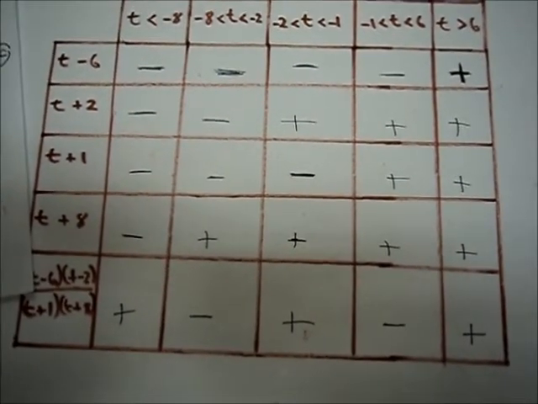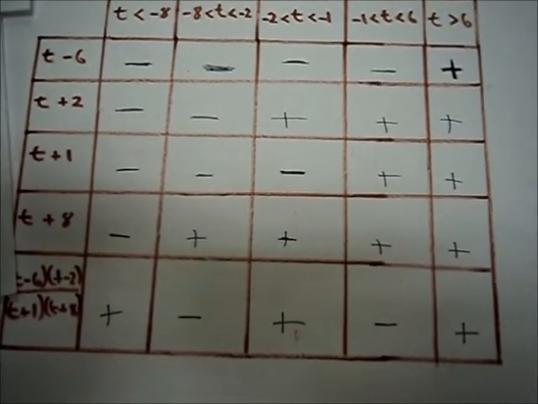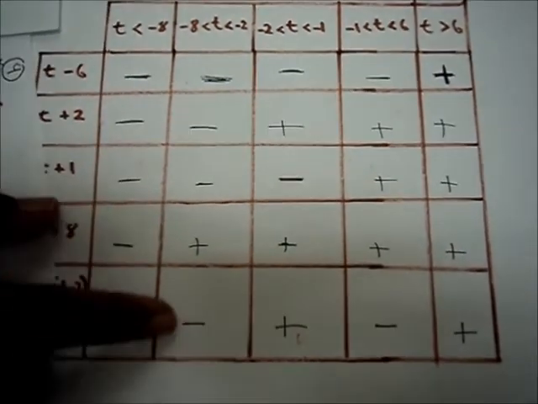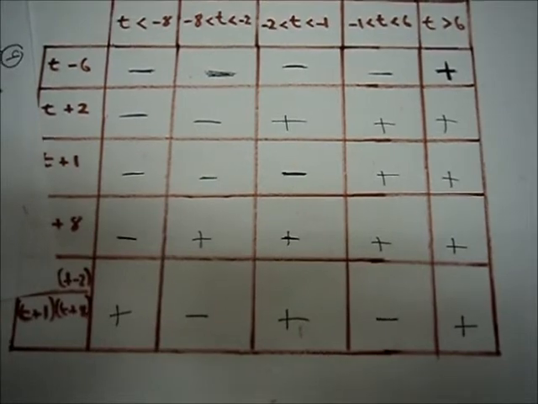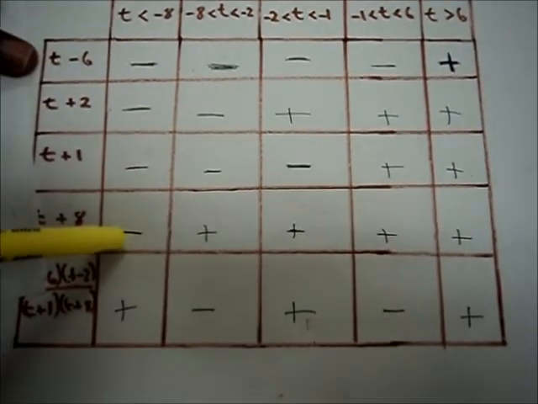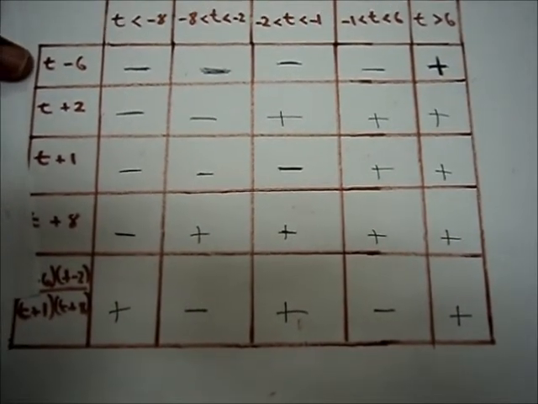Basically, a note is that if there are an odd number of negatives, like here, 1, 2, 3, the overall thing is going to be negative. And if there is an even number of negatives, like over here, 1, 2, 3, 4, the overall expression will be positive, such as a negative times a negative gives you a positive.